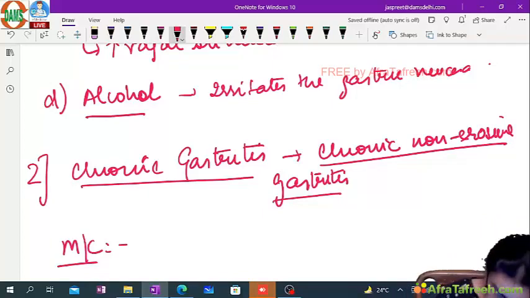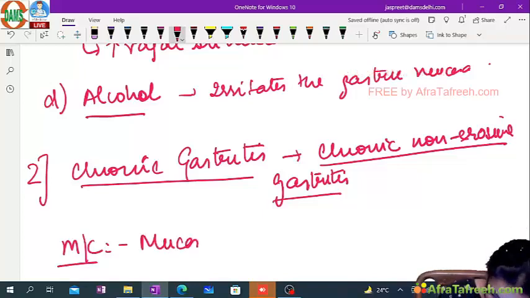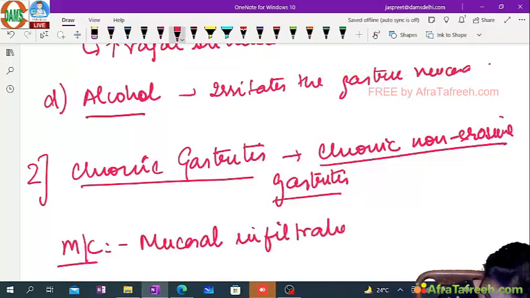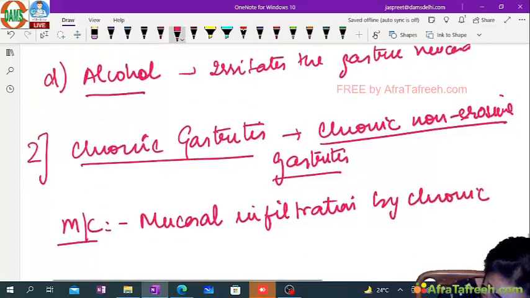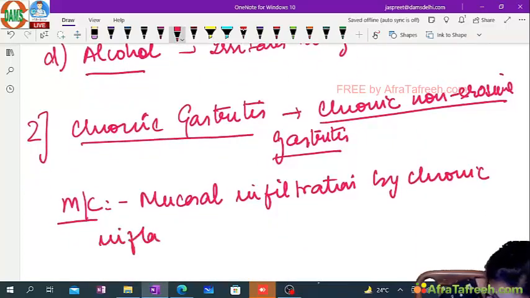So you see mucosal inflammation, mucosal infiltration by chronic inflammatory cells, the cells of chronic inflammation.